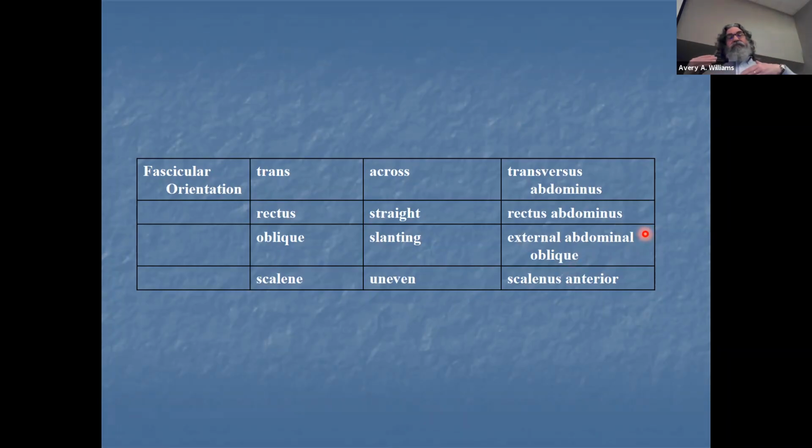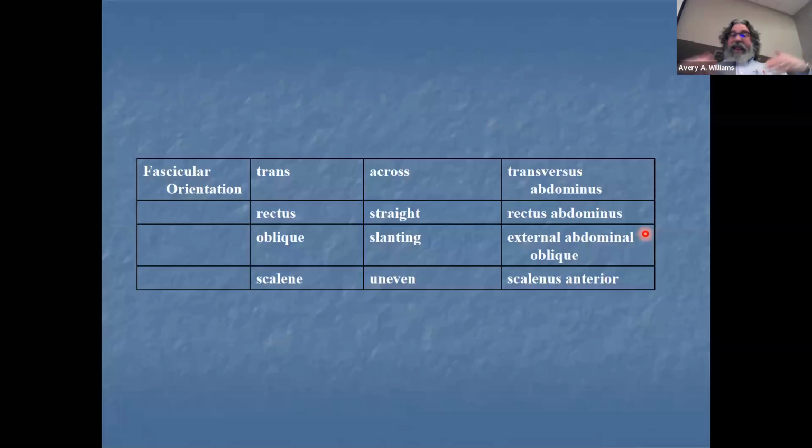External abdominal, that's a location, specifically on the outside of the abdominal region. An internal abdominal oblique would be a location, meaning deeper internally. But oblique, that's fascicular orientation because it's running at an angle.